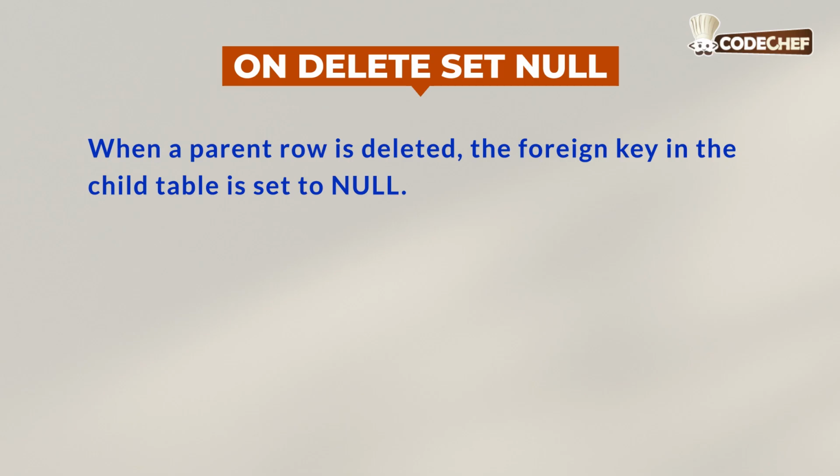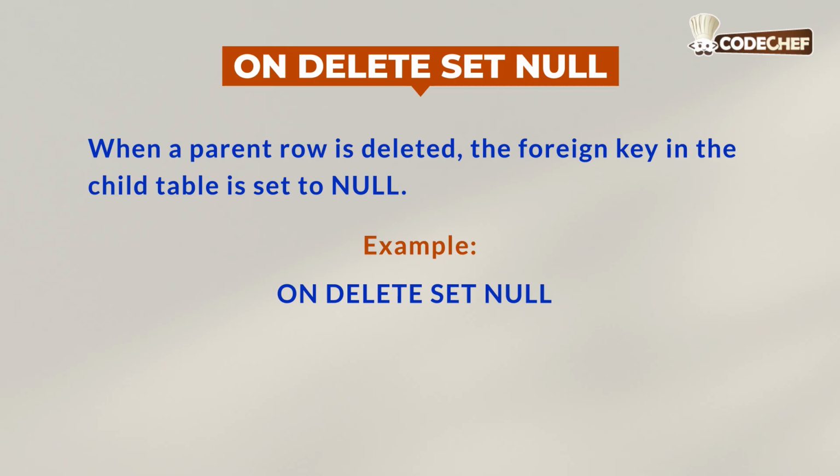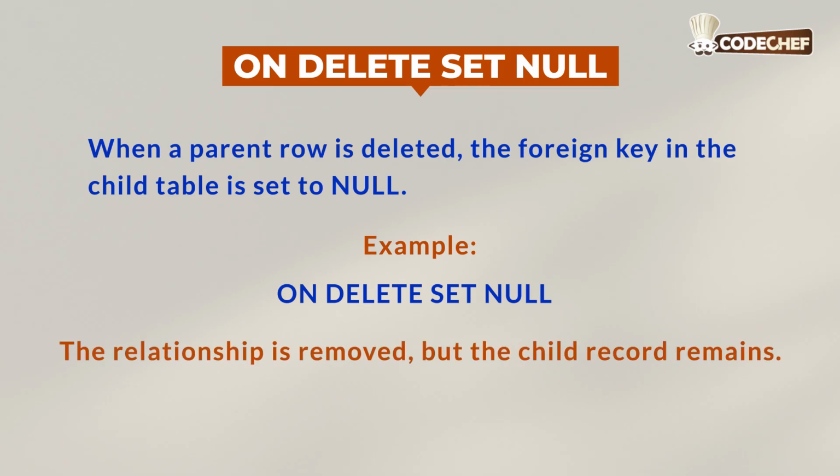But in case of on delete set null, when a value is deleted from the parent table, then in the child table where that column is acting as a foreign key, that value is not deleted but just set to null. Its syntax is on delete set null. So here the relationship is removed but the child record remains. The values are no longer there, but instead we have null in the child table.